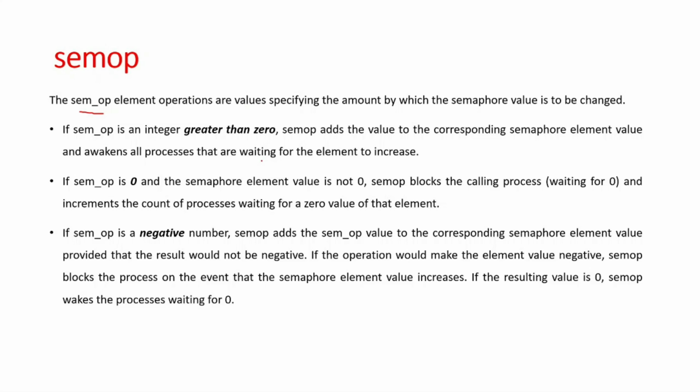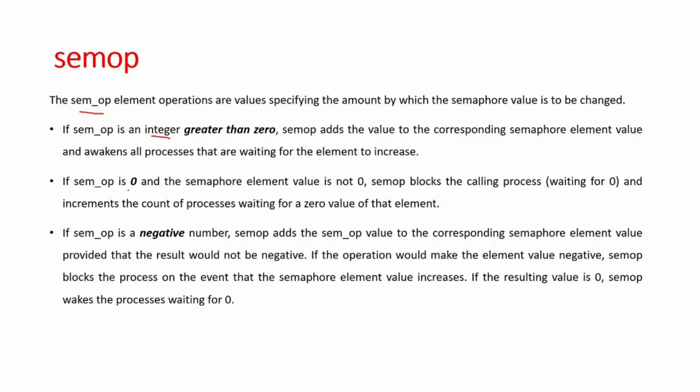So if the sem_op value is an integer greater than 0, then the semop function adds the value to the corresponding semaphore element value and awakens all the processes that are waiting for the element to increase. This is what happens if the value is greater than 0.